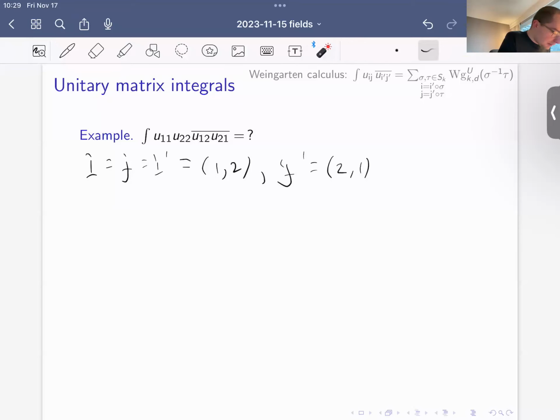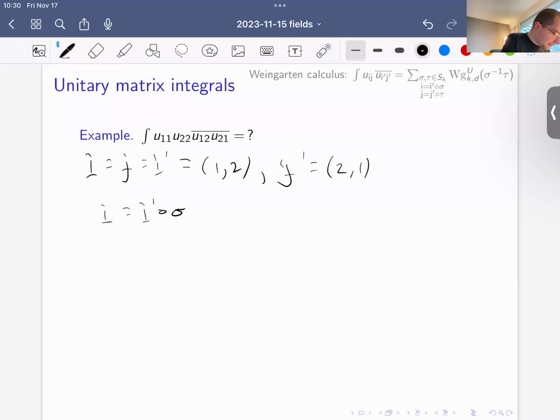So, in terms of this sum over pairs of permutations, we have two constraints. One of them is I equals I prime composed with sigma.